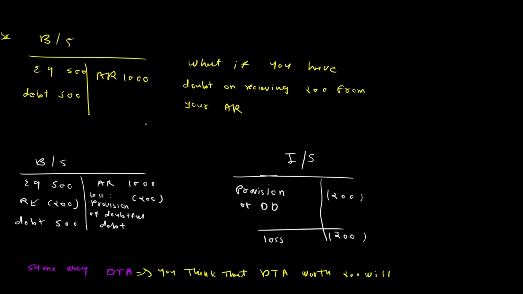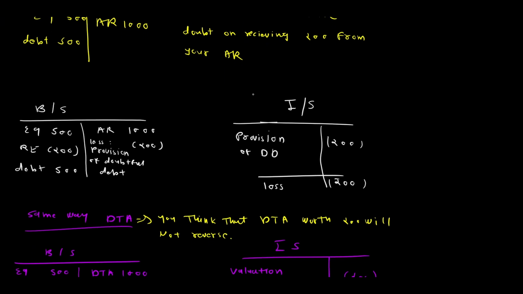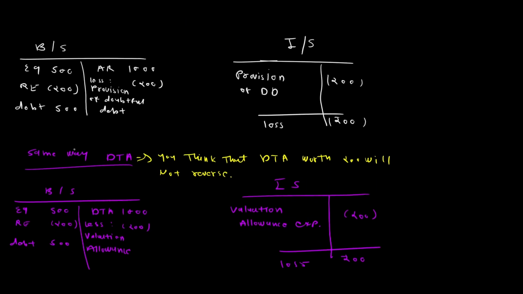So you create a provision for doubtful debt. In the income statement, you show a loss of doubtful debt provision, and the loss will reduce my equity, coming through retained earnings, and AR is shown less provision for doubtful debt. So it will reduce my equity.